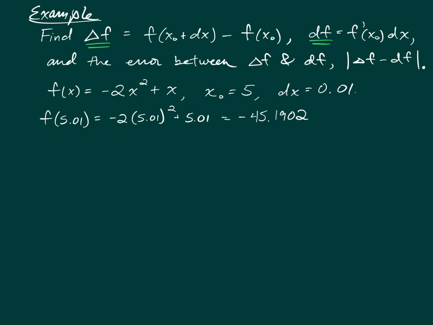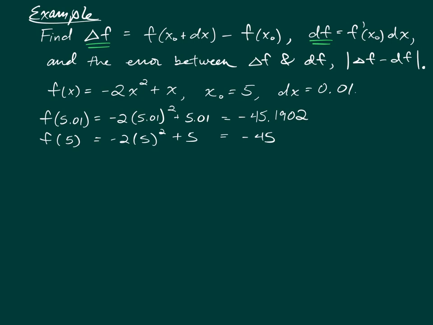From there, you will want to subtract f of 5. You can see I'm just following what this equation is asking me to do up here. So f of 5 will be negative 2 times 5 squared plus 5, which is negative 45.